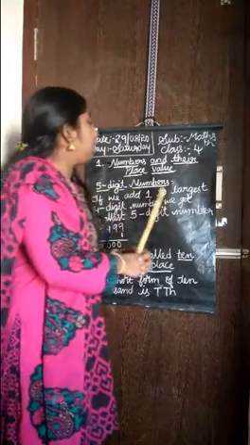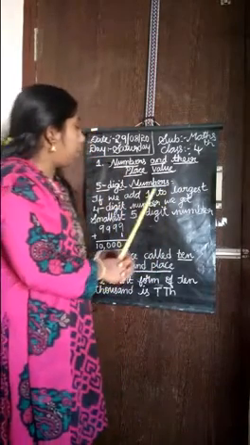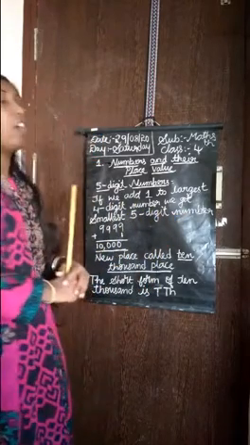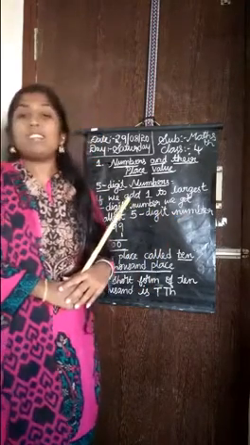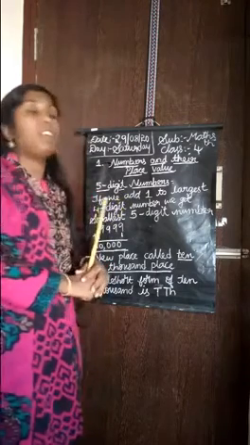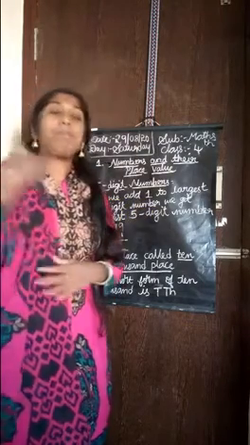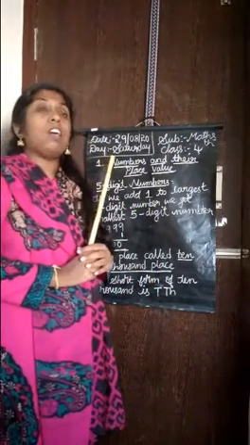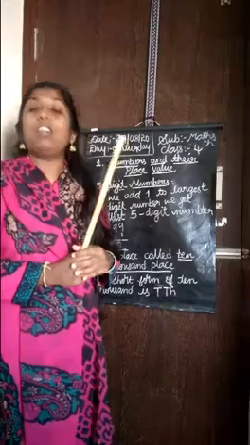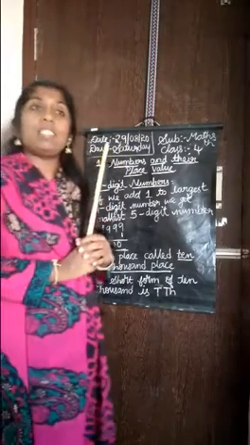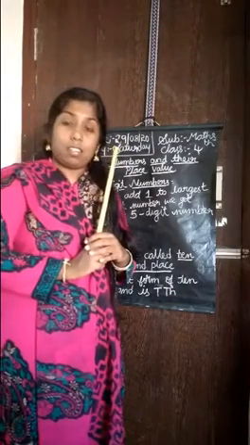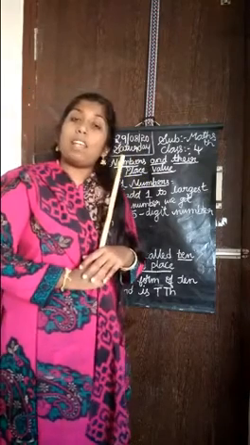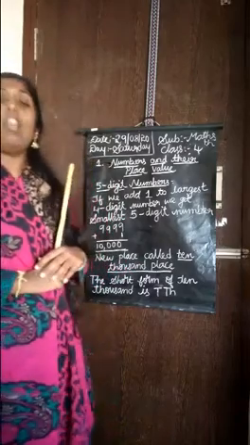If we add 1 to the largest 4-digit number, we get the smallest 5-digit number. 10,000 is the smallest 5-digit number. Similarly, if we add 1 to the largest 1-digit number, we get the smallest 2-digit number, right?